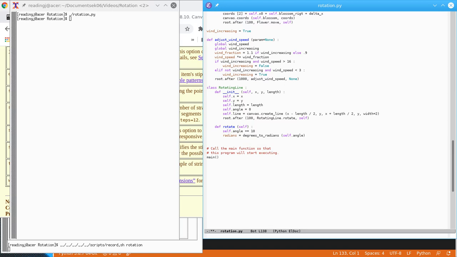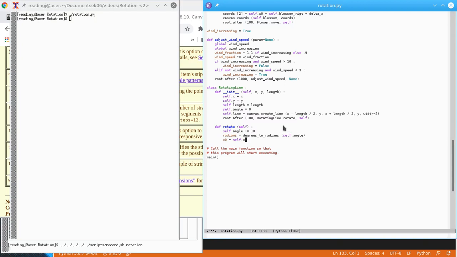So x0 equals self.x. I'm sorry, so x0 is one end of the line. So we're going to have x0 and y0 on one end of the line, and x1, y1 on the other end of the line.